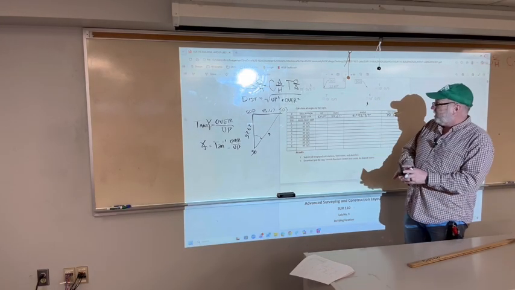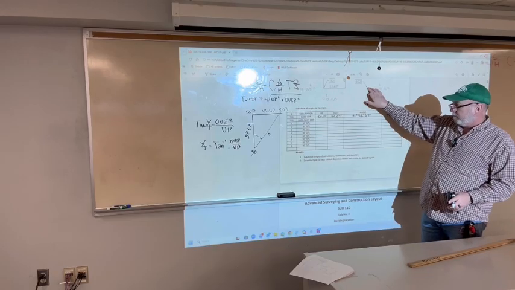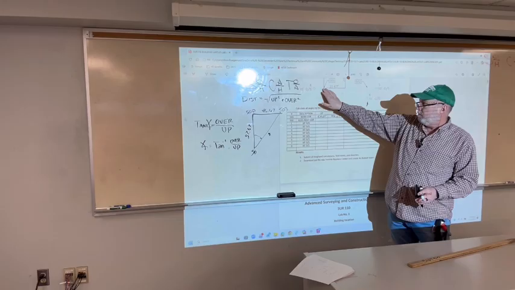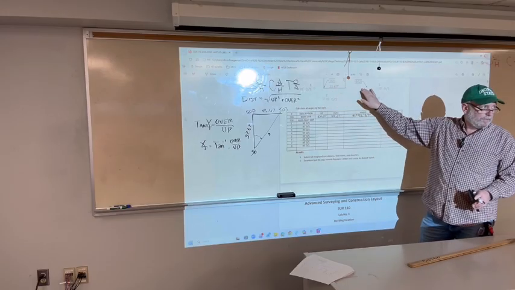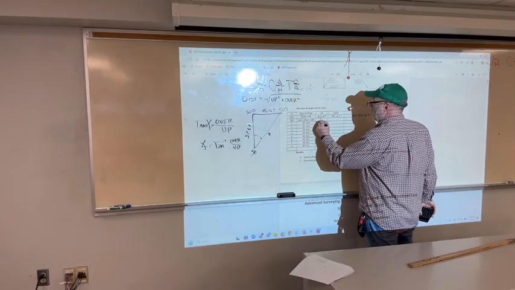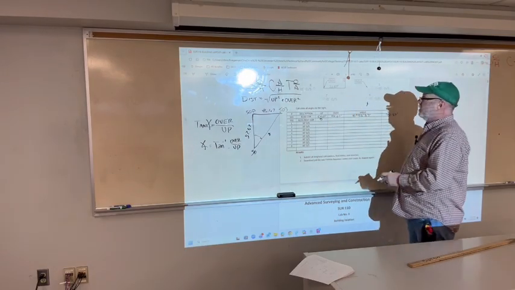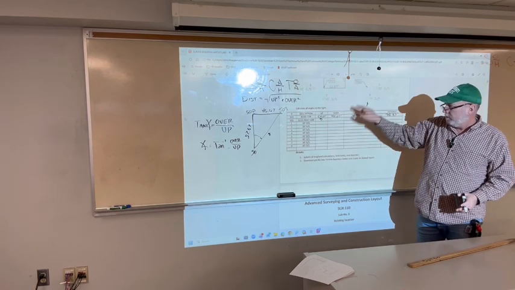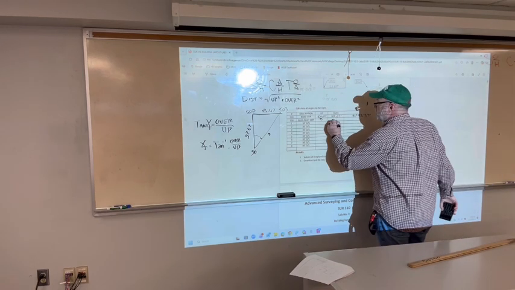To get to building 502, the neat corner over here, what's my up going to be? Well, I'm going to be on that same line. So 0. My over is going to be the total width of the building, which you know is 46.67.